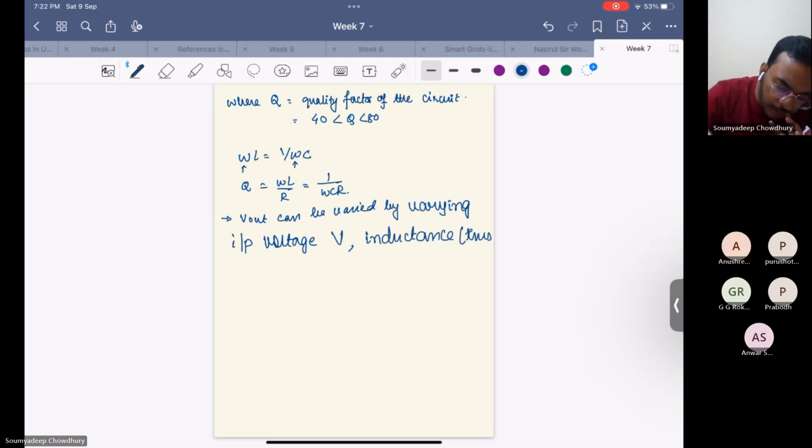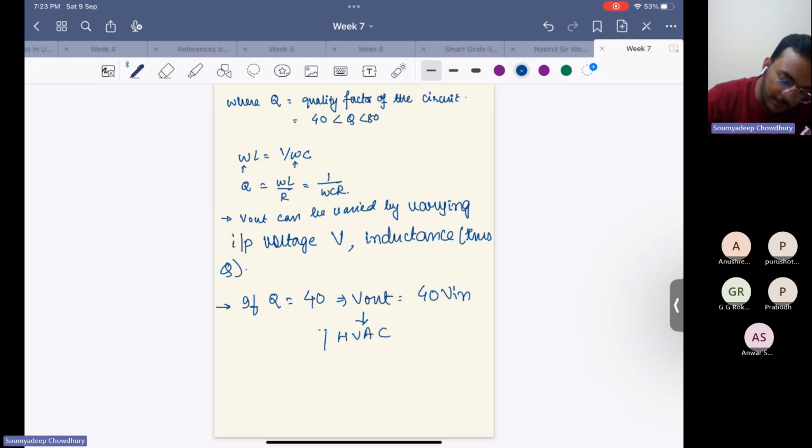Thus, actually we are varying the quality factor. So if Q is equal to, say, 40, basically V out will be 40 times V in. So we are generating high voltage AC. Suppose we are applying 1 kV, we are getting an output of 40 kV. So that is actually generation of high voltage.